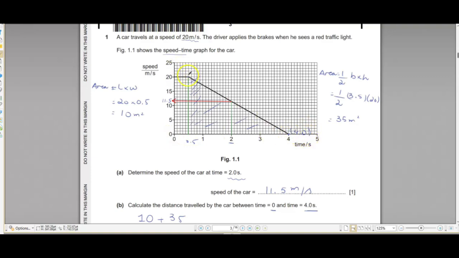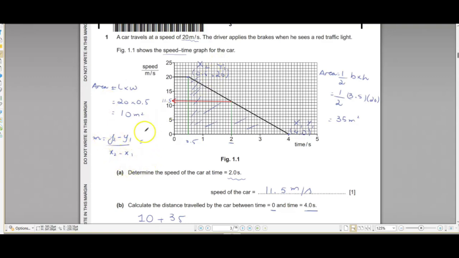So this is 4 and 0, and then we can take this point over here, which is 0.5 for the x-axis and 20 for the y-axis. Let's take this to be x1 and y1, and this to be x2 and y2. The gradient is found by the formula y2 minus y1 over x2 minus x1.